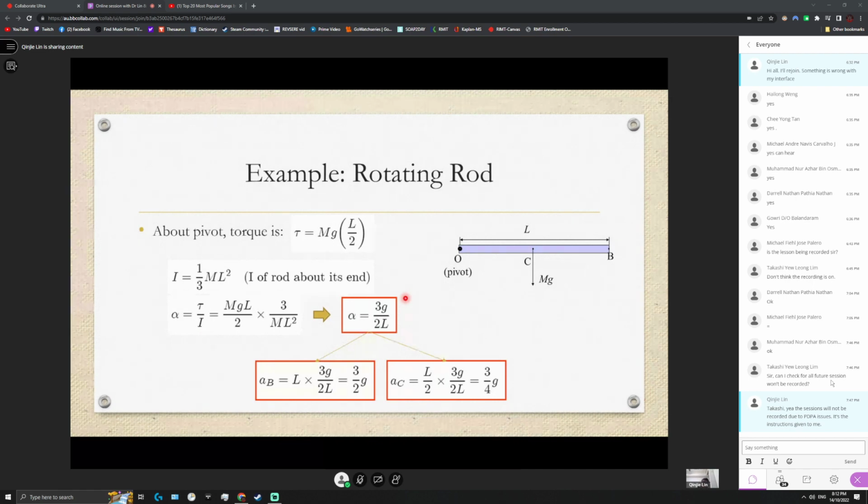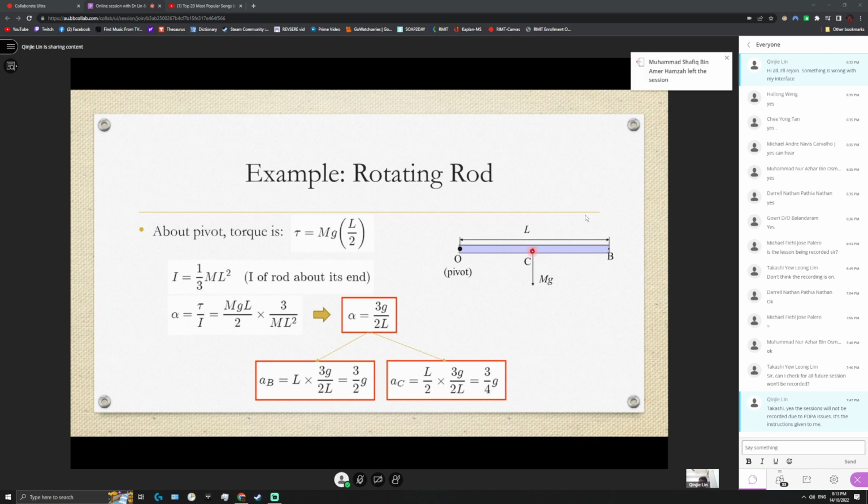Okay, so that's one part of the question already. And they ask you to find the linear acceleration of this point and this point. When you have your angular acceleration, to find the linear, you just have to multiply by the radius. They will have the same angular acceleration at every point, but different linear acceleration.